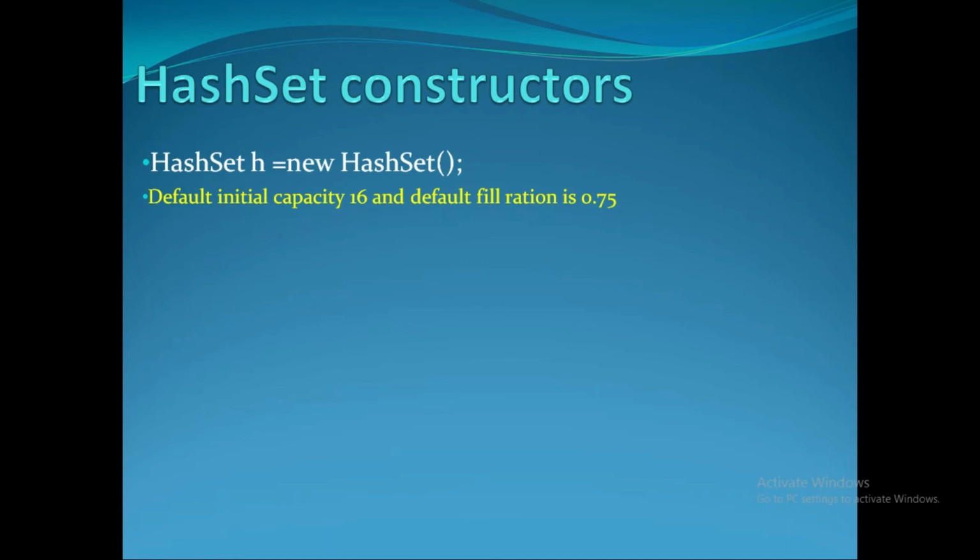So that is the fill ratio: up to what part it will allow elements to enter. Once that much part is filled, it will increase its capacity automatically. Here the fill ratio is 0.75, which means 75%.